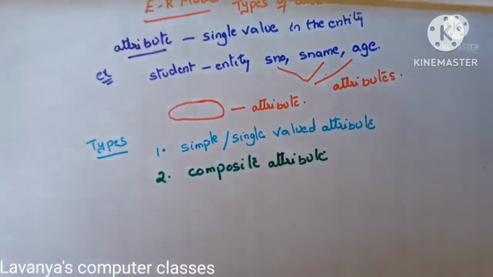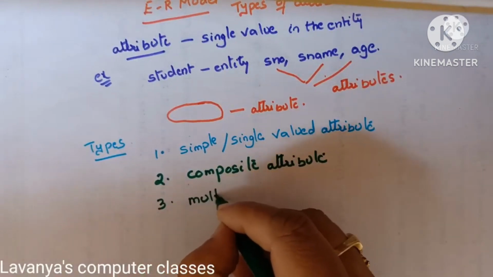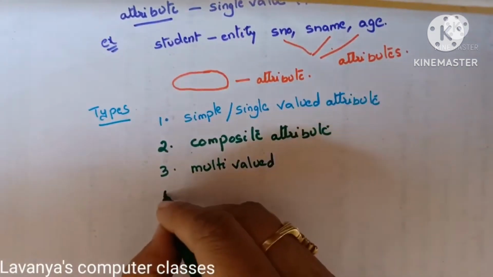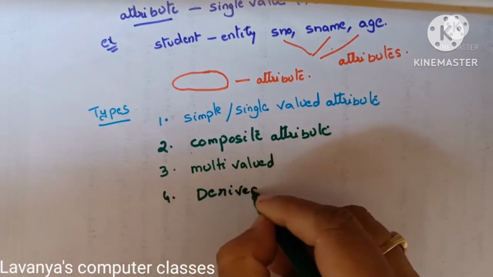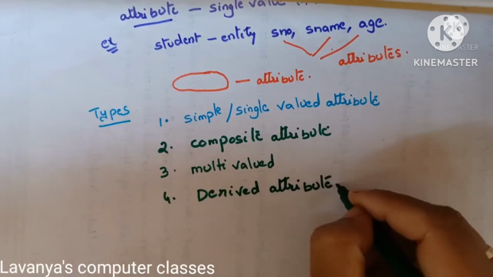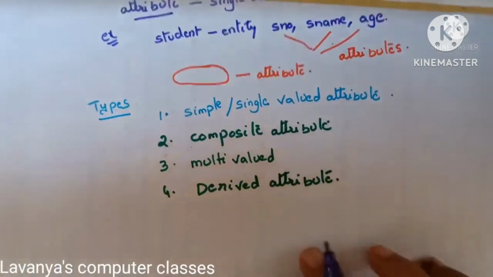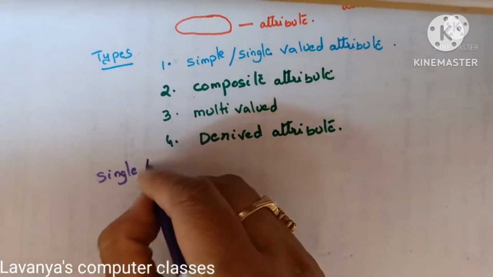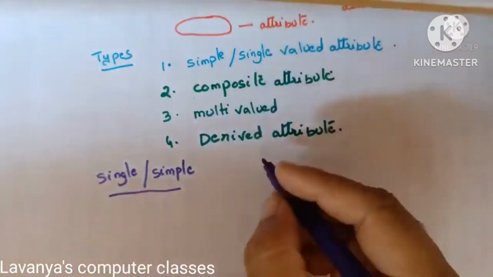Second one is composite attribute. Third one is multi-valued attribute, the opposite of single valued. Fourth one is derived attribute. So these are the types of attributes: single valued or simple, composite, multi-valued, derived attribute. Now we'll explain each of them.